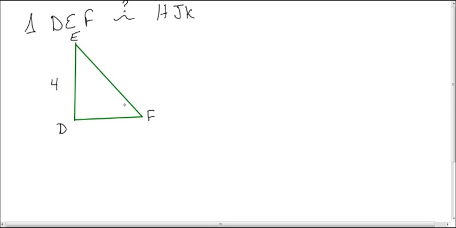Line segment EF, let's call it 5. And line segment DF, let's call it 3. Well, let's construct the other.